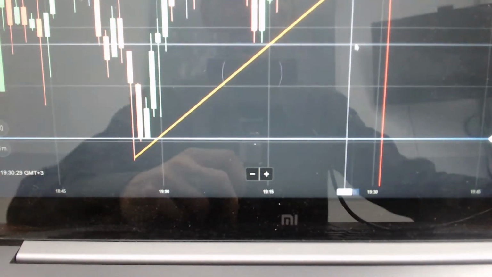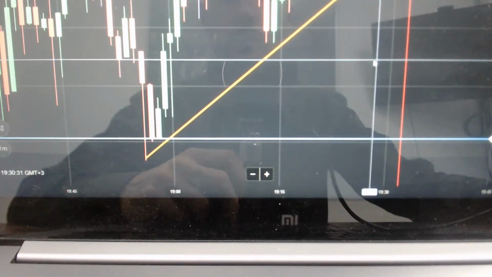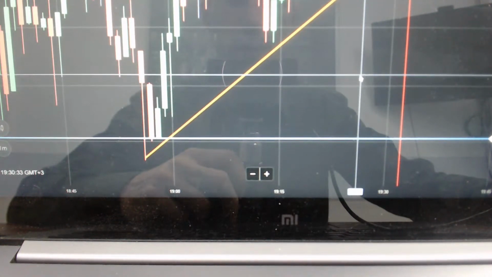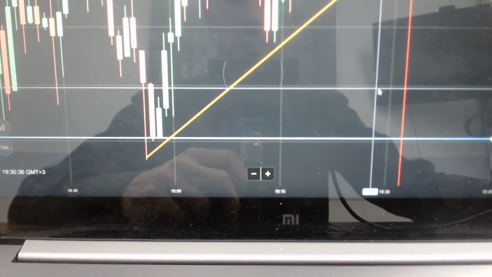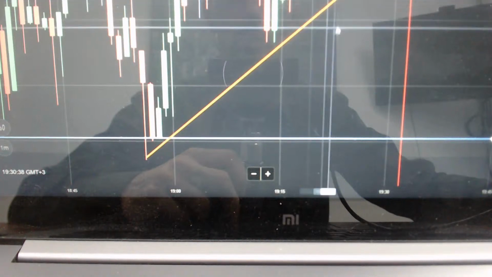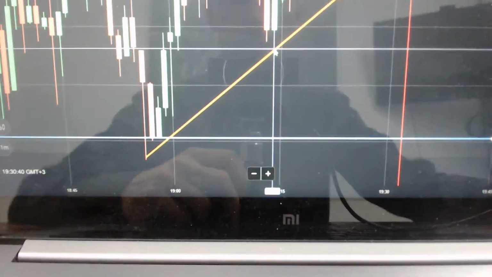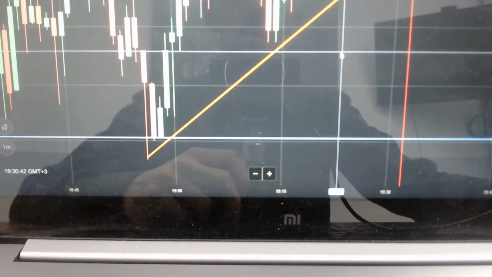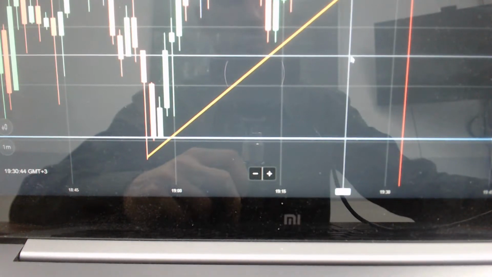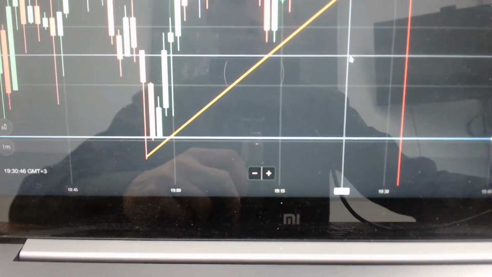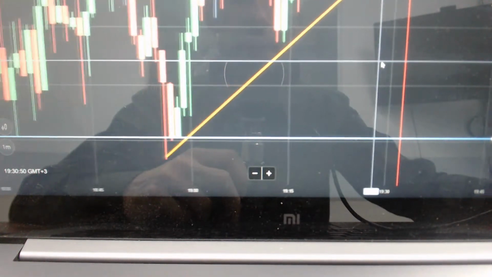And the main idea of the construction of levels, any levels, horizontal or trend ones, as I promised, is simple. It is the geometry of the fifth school grade.